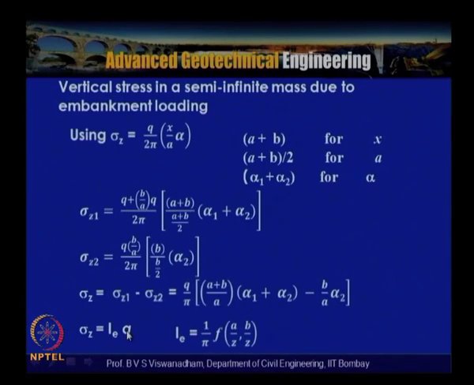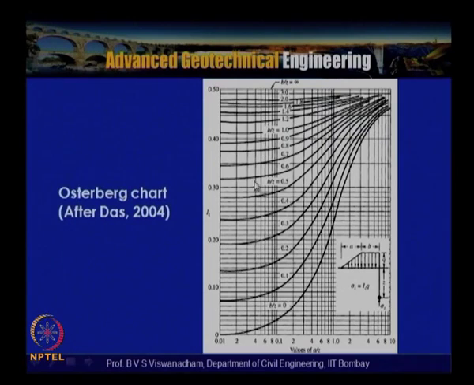For this, the Osterberg charts are available, and we can use these charts to get the stress values. Here the influence factors IE are given, with values of a by z ranging from 0.01 to 10, and this can be used even for an embankment with b equal to 0.